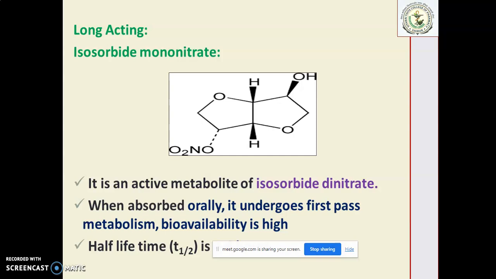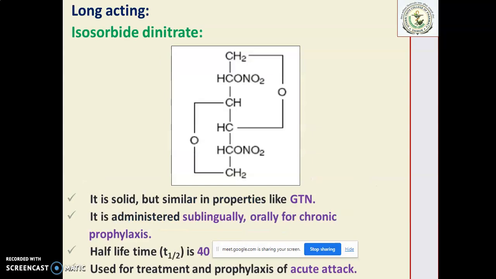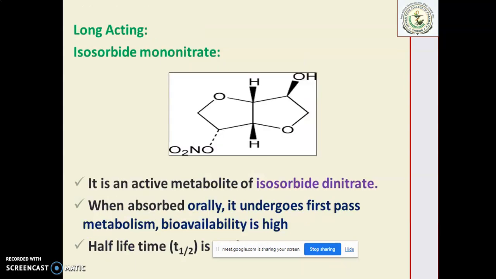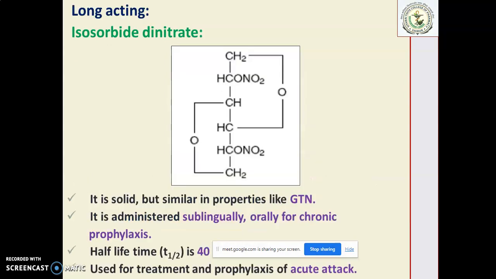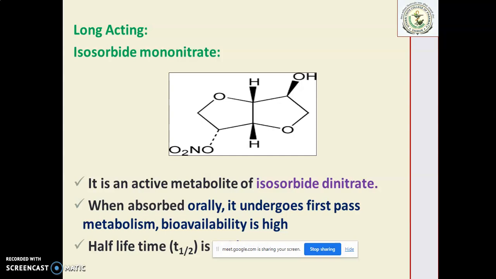Means if it is asked in examination which is the metabolite of isosorbide dinitrate, you will tell that isosorbide mononitrate is the active metabolite of isosorbide dinitrate. Means which one is the active form? Isosorbide mononitrate. And which one is inactive form? Isosorbide dinitrate.